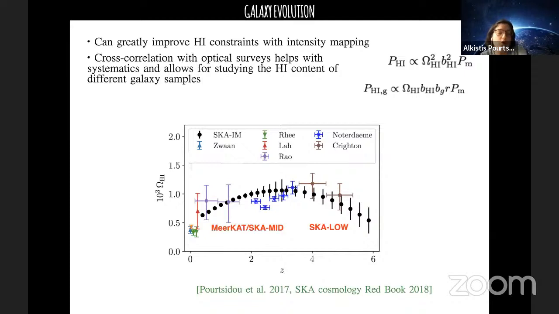Here I only show constraints assuming large-scale surveys with SKA-Mid and SKA-Low, but of course the redshift range from 1 to 2.5 is also covered by CHIME, HIRAX, and will be covered by CHORD, etc. So in my opinion, this is one of the best things that intensity mapping can do. And the modeling requirements for this are not so stringent as when you want to do cosmology.